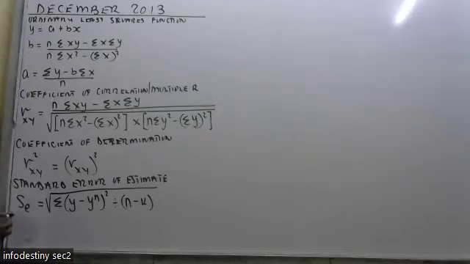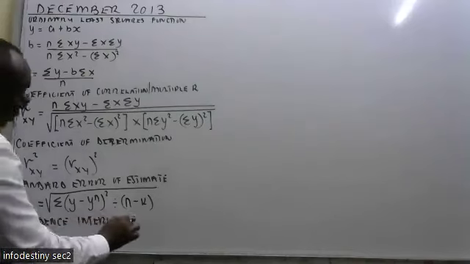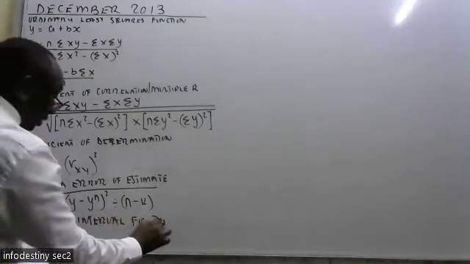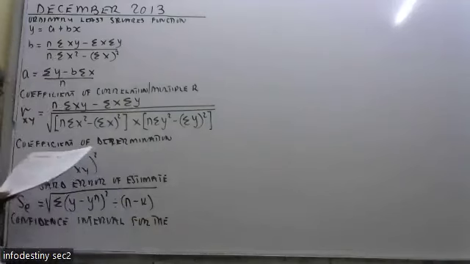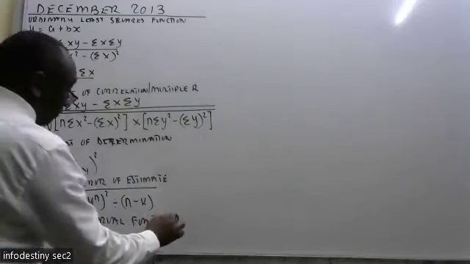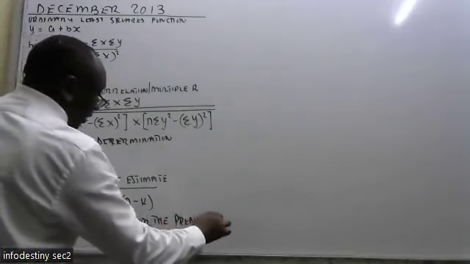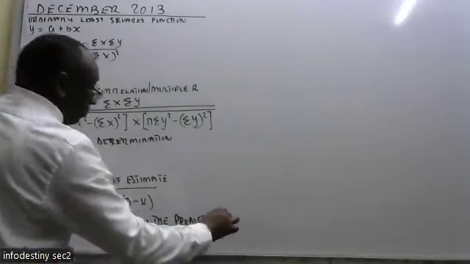And then the last thing is confidence interval. Confidence interval for the slope. Is it for the slope or for the predicted value? For the predicted value, not for the slope.